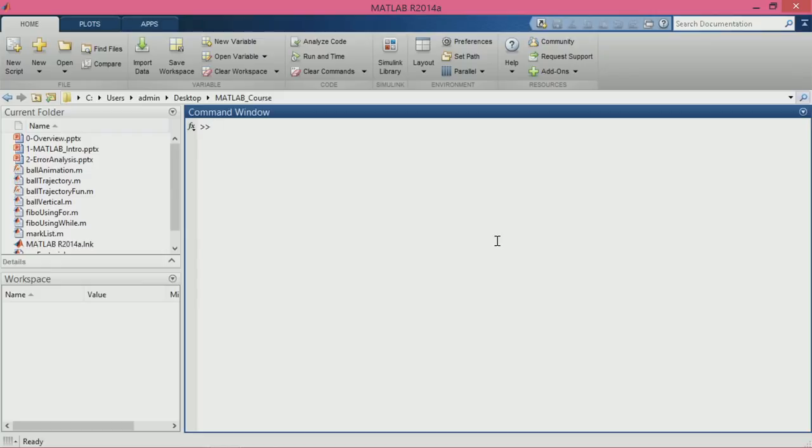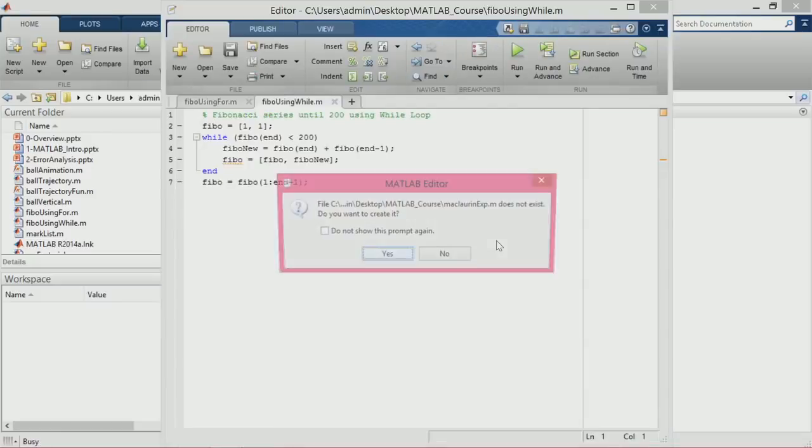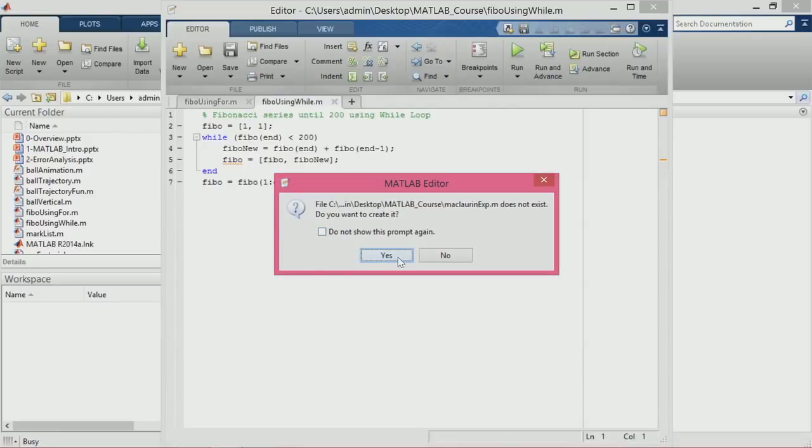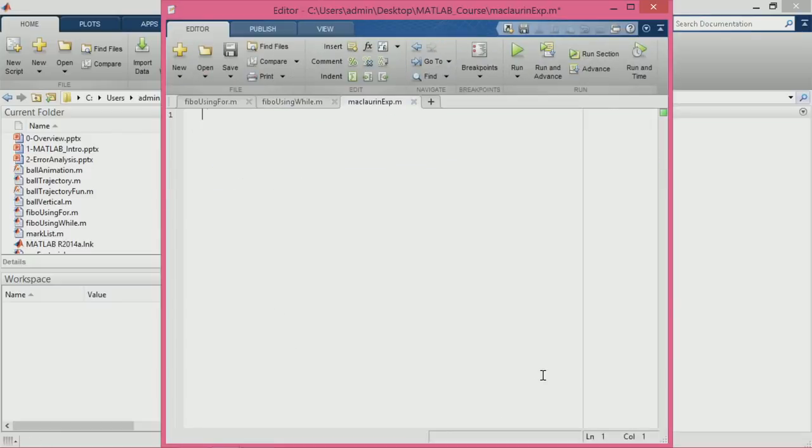using the Maclaurin series approximation. So, let us open a script file, let us call it Maclaurin exp. Okay, we will create the file. Maclaurin series for exp of 0.1.